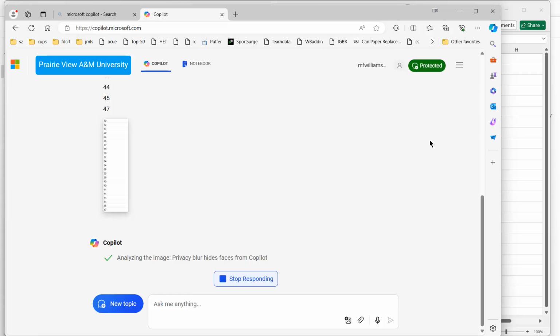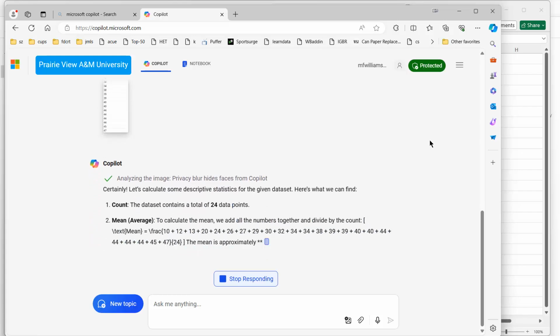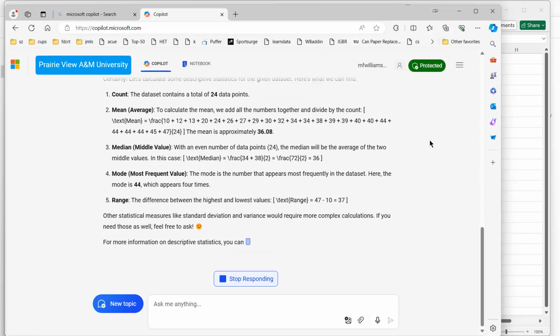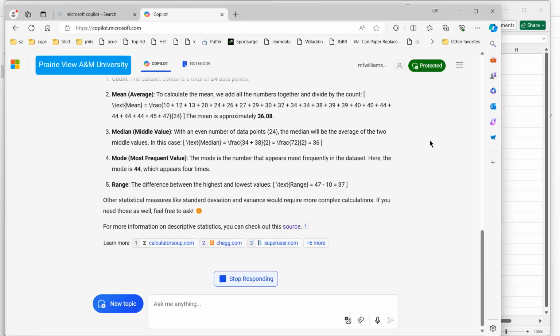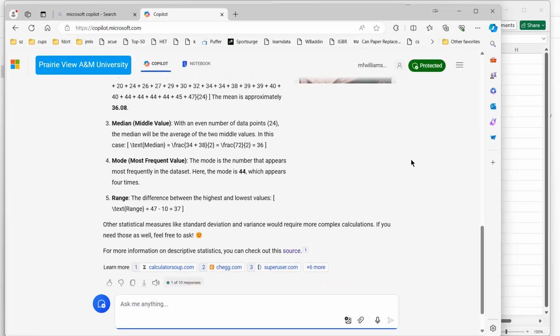I think if you have one of these new PCs that have the built-in AI... it says there's 24 data points, but there's not. There's 23 data points, right?